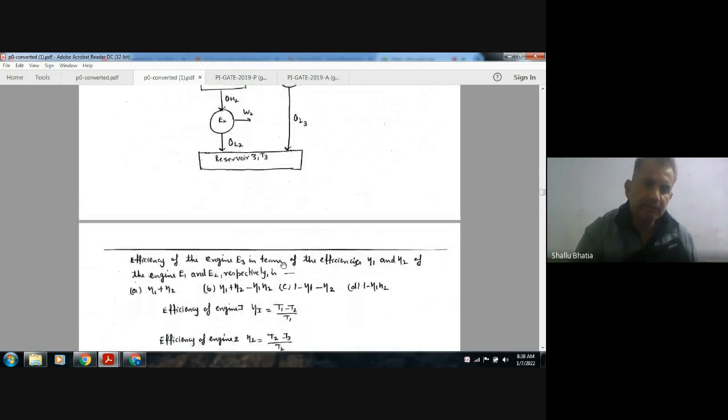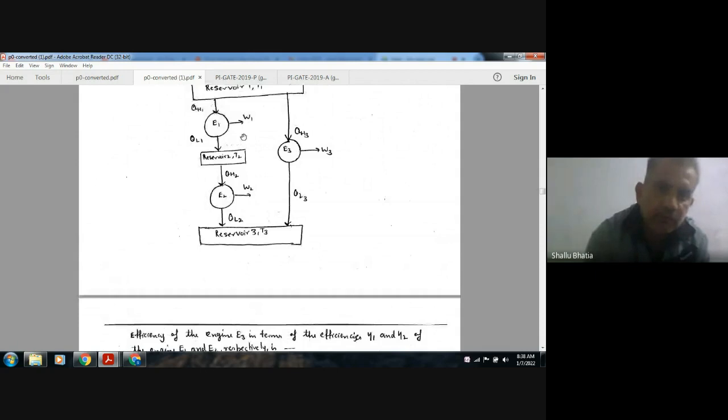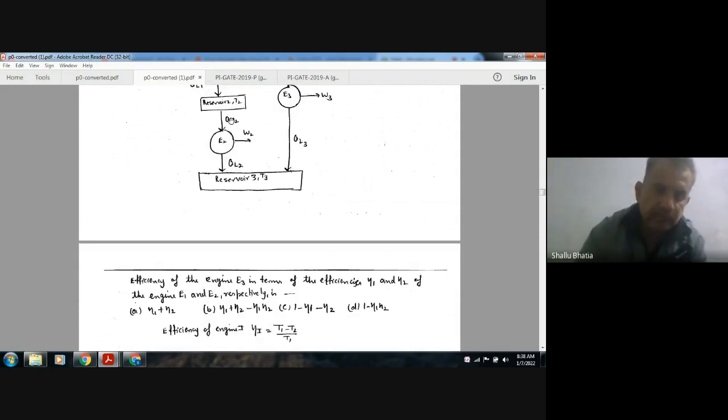Find the efficiency of engine E3 in terms of efficiency 1 and efficiency 2 of the engines E1 and E2 respectively. So the efficiency of an engine is W1 by QH1.